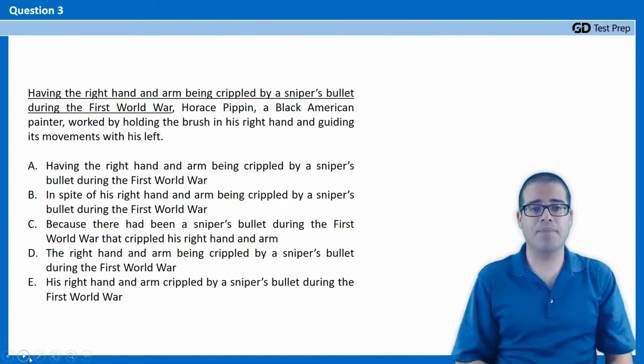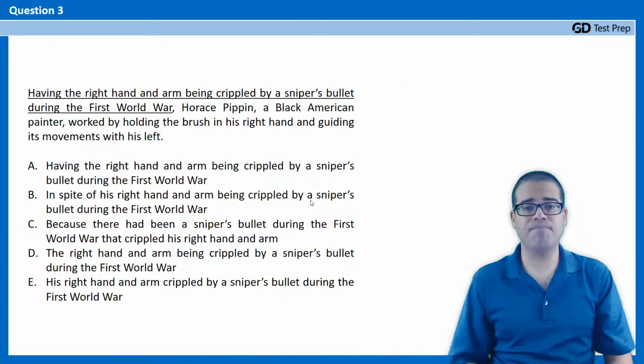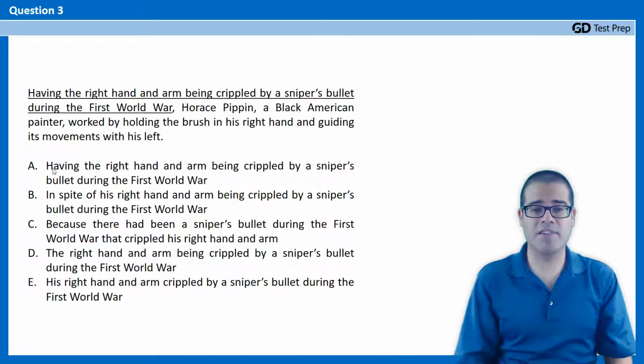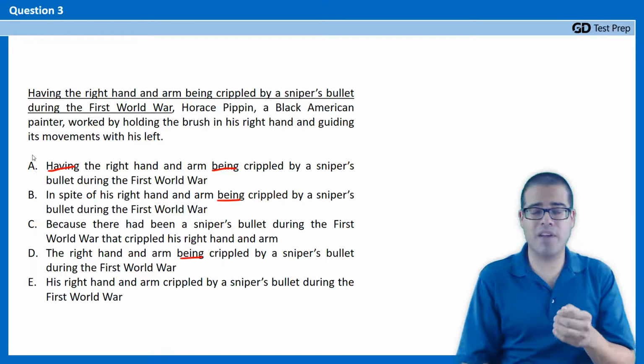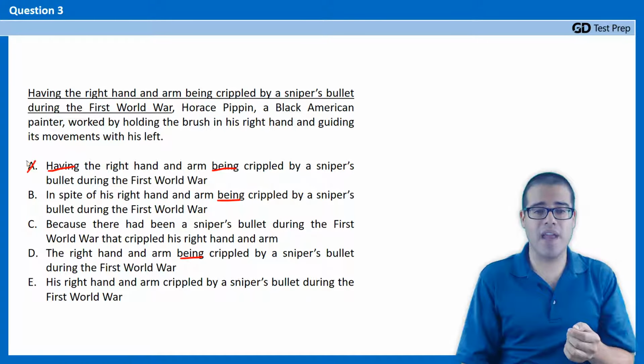And finally, in question number 3, this time we will start with the absolute phrase. Look at the word having. The word having and being are usually suspicious elements. The moment you see being, you should say maybe, oh, that could be wrong, and usually it is wrong. A, B, and D do not work.